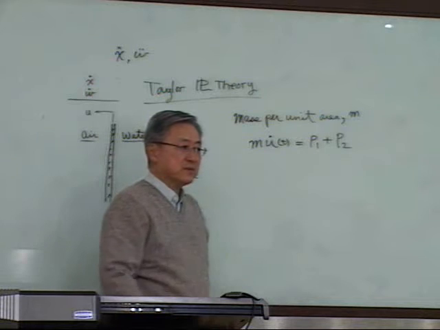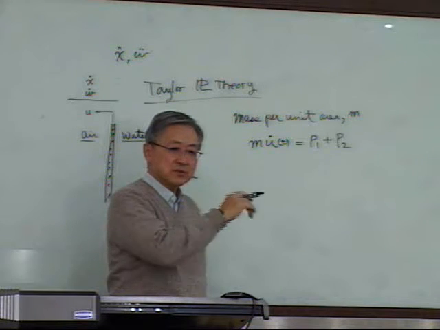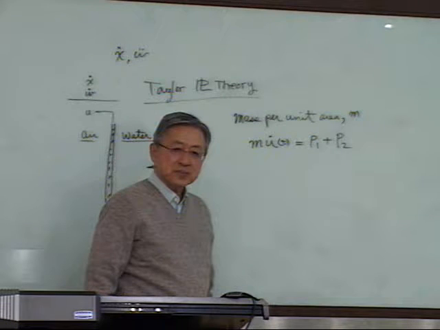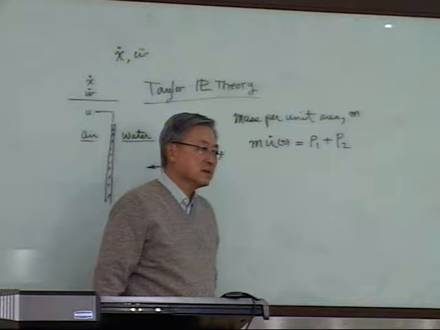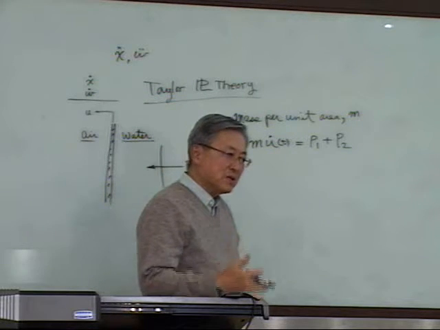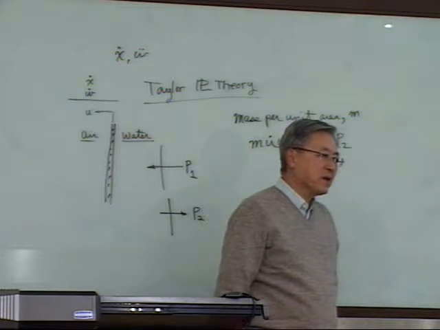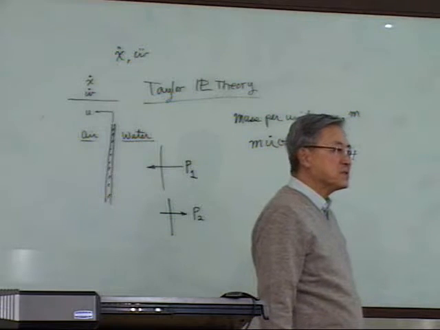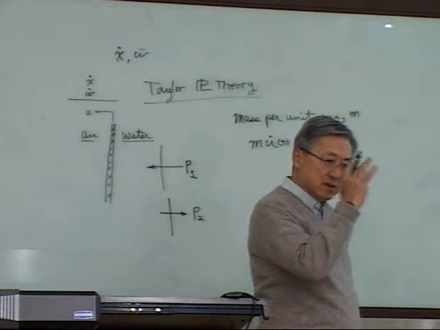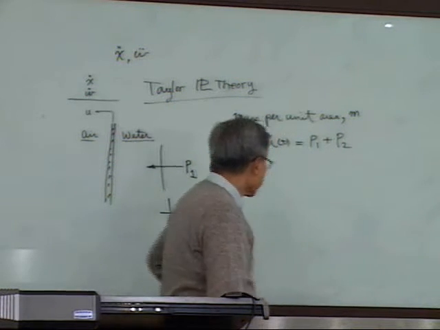P1 is to the left, P2 is to the right. It should be P1 and P2 maybe minus. You might get that feeling. So that's one of the little drawbacks of a physics-based kind of derivation.